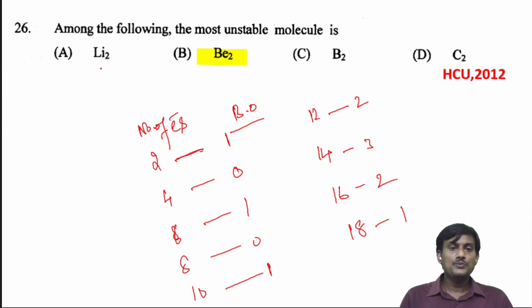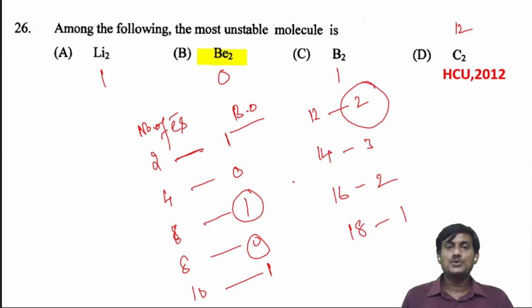So Li2, it's a 6 electron system, bond order is 1. Be2, 8 electron system, bond order is 0. B2, 10 electron system, it has bond order 1. And C2, 12 electron system, the bond order is 2. Be2, since it has 0 bond order, this one is unstable.